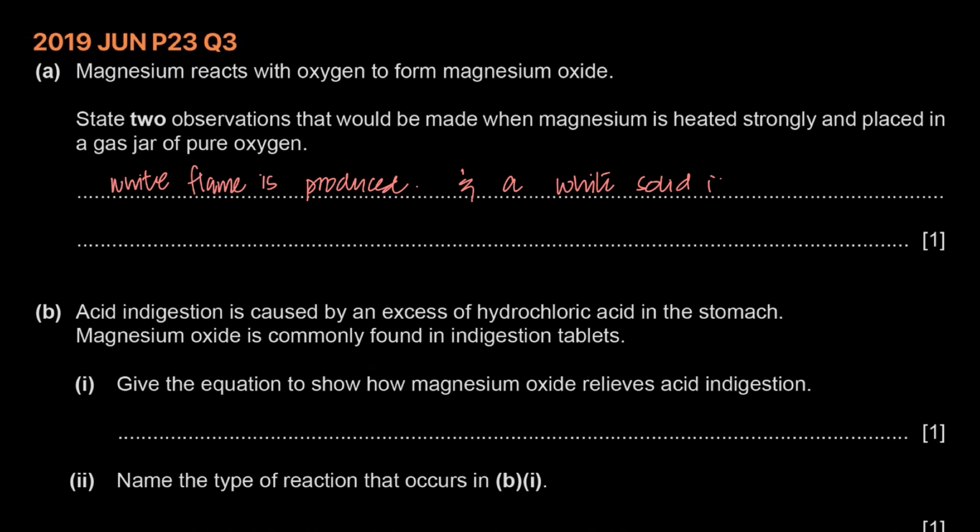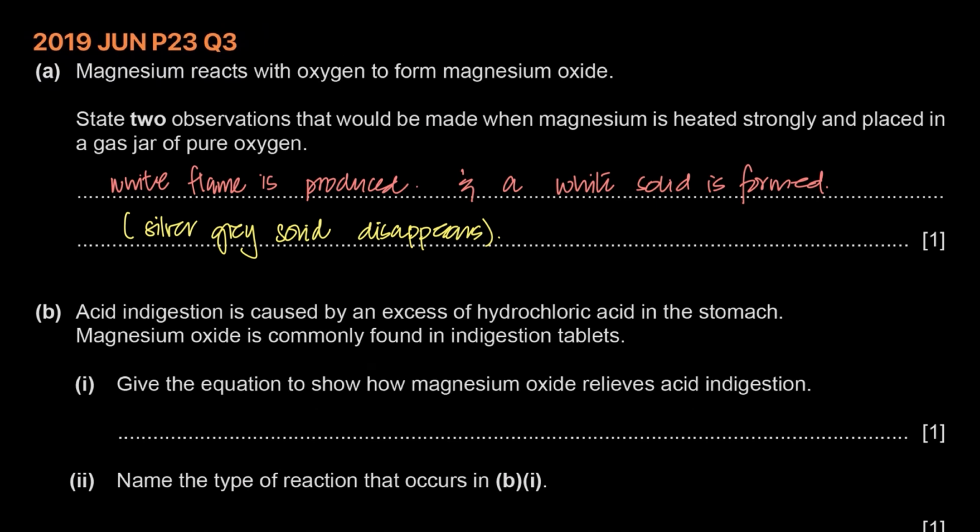You could also have a third observation: the silver gray solid disappears. I don't have to include that, but I'm just saying.